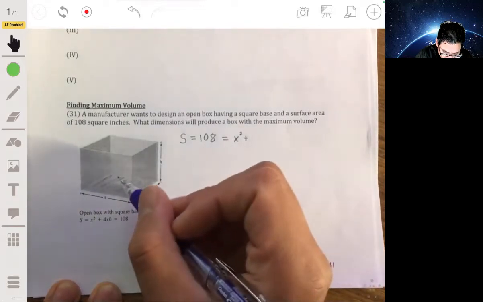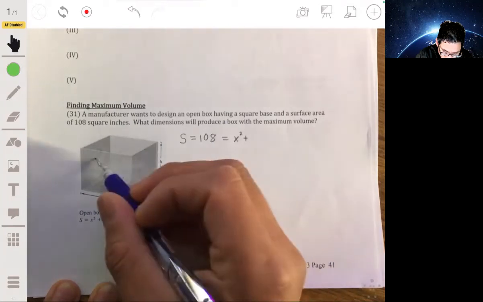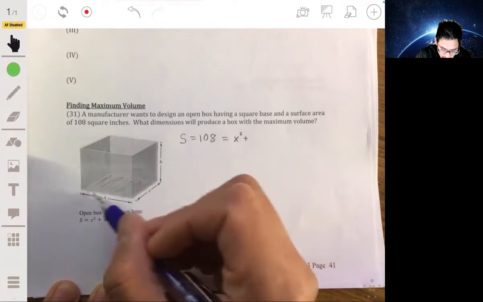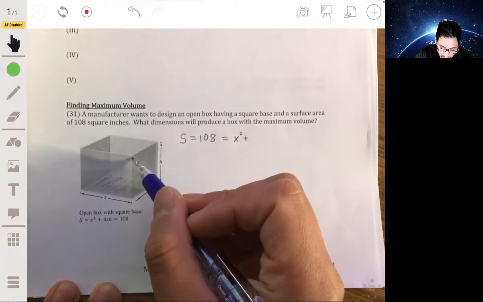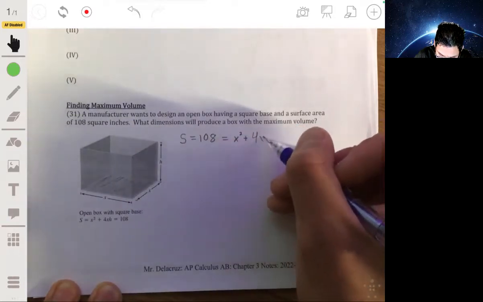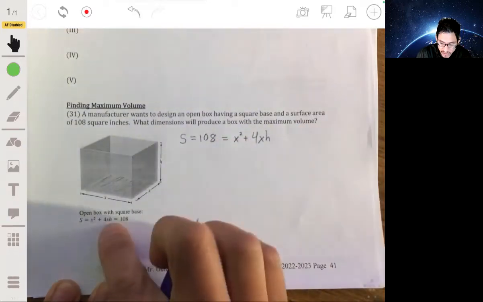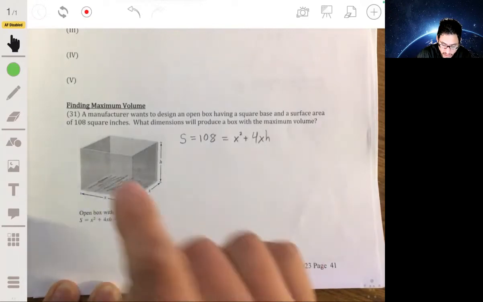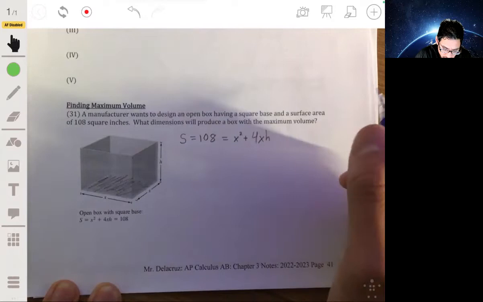And we have 1, 2, 3, 4. All four of the sides have a base length of x and a height of h. So we're basically going to have plus 4xh. Again, the surface area is the area of the base plus 4 times the area of the sides.